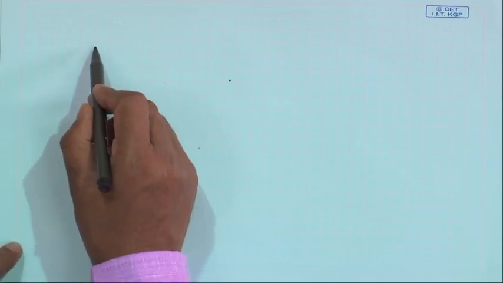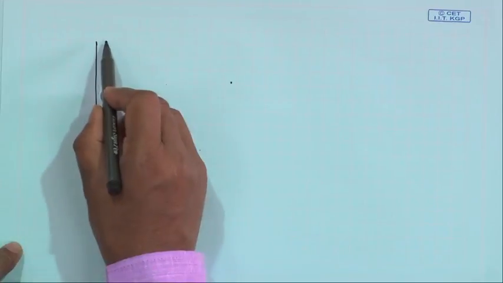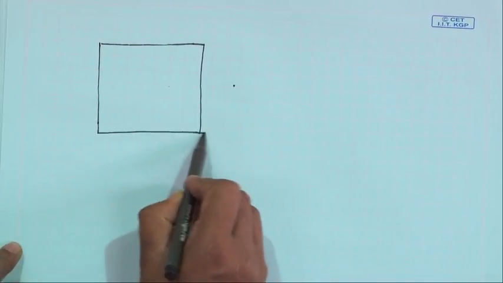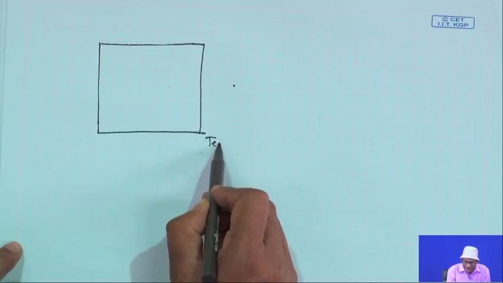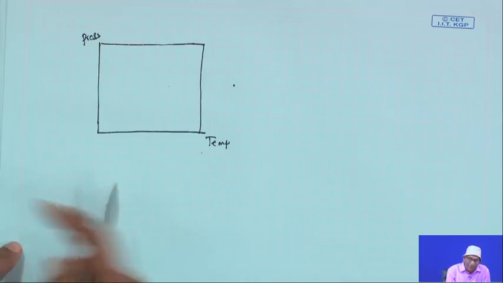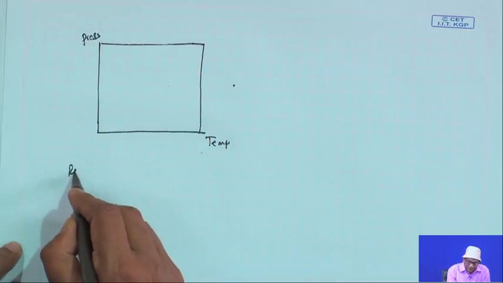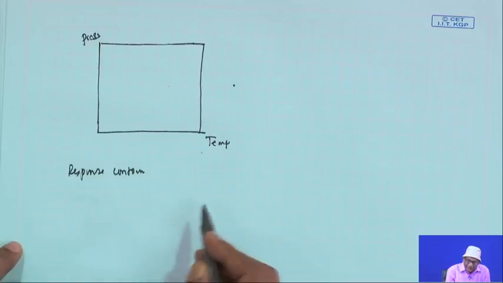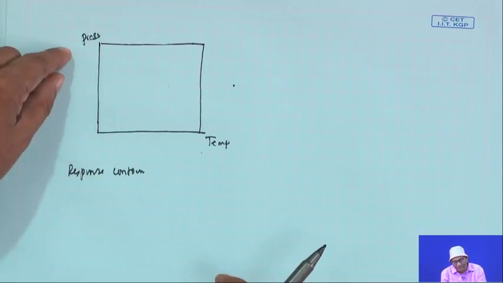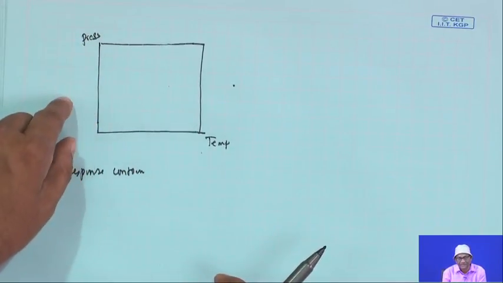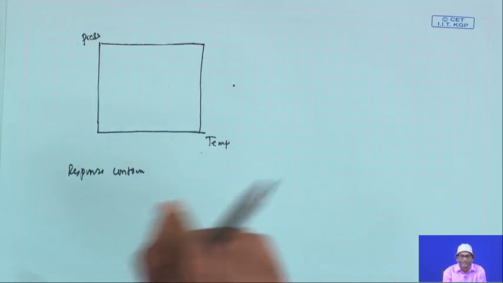In the first case, suppose you want to develop contours. I also explained contours earlier. Suppose this is your temperature and this one is pressure. Then the response contours mean that for certain values of temperature and pressure, the y response will be the same.